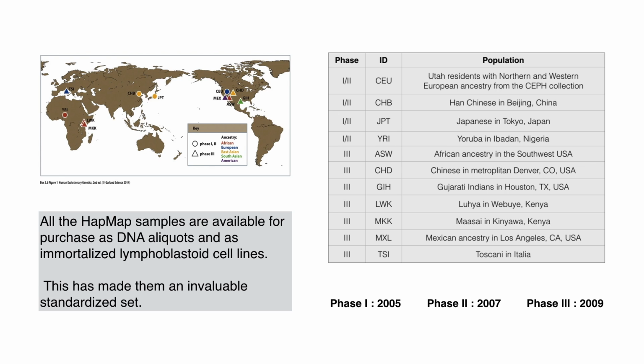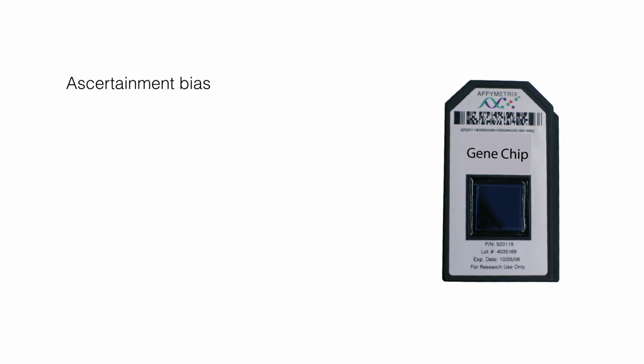At this time, there was a big interest in developing commercial genotyping platforms, and the problem was that sometimes platforms that were developed for one population didn't work very well for another. This is called the ascertainment bias.